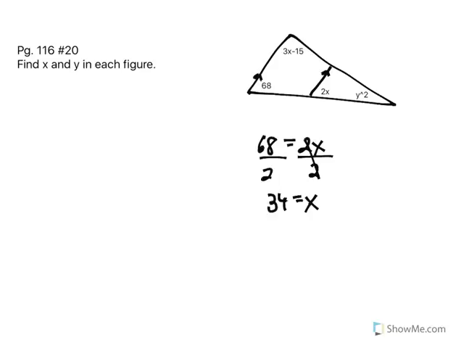Now we know that all of the angles in a triangle equal 180 degrees. So we know 68 is this angle. We already have the value of x, so we could plug that in to find this angle. And then we'll have two numbers and y, so we'll be able to solve for y. Let's do that.